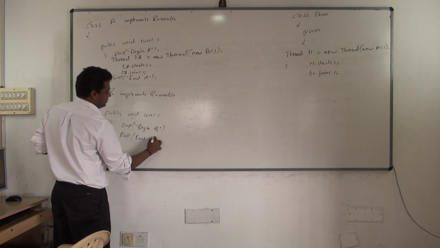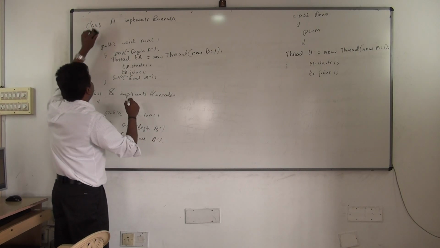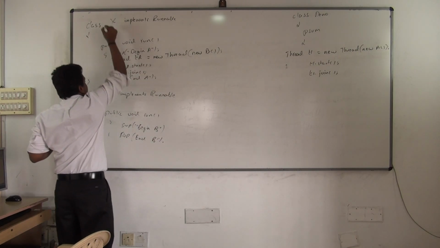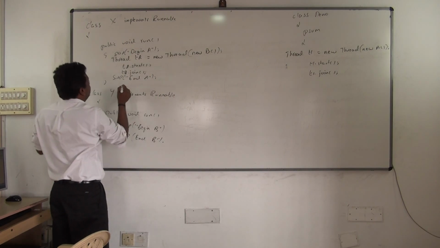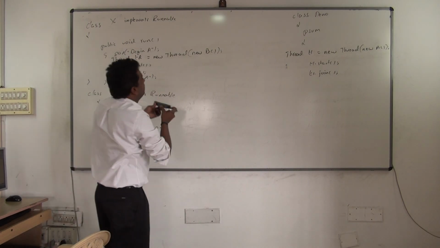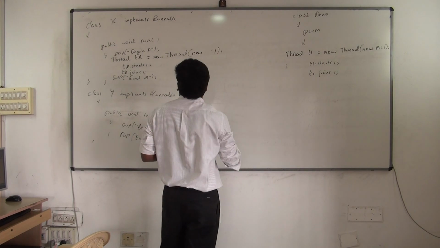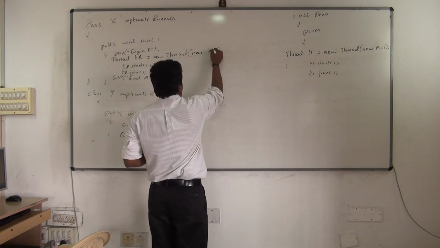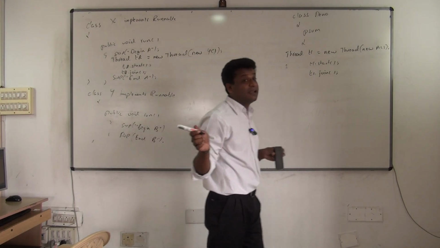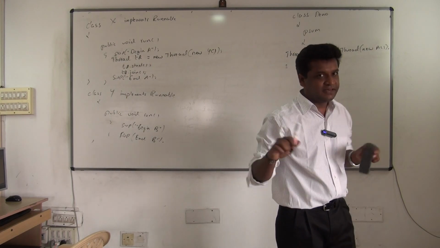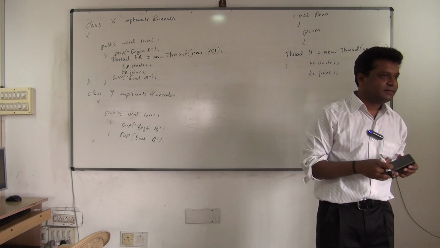In fact, I'll do one thing. I'll change this name to X and Y. One small change I'll do. Reason is I already used the class names A and B, so I'll start getting compilation errors in Eclipse.